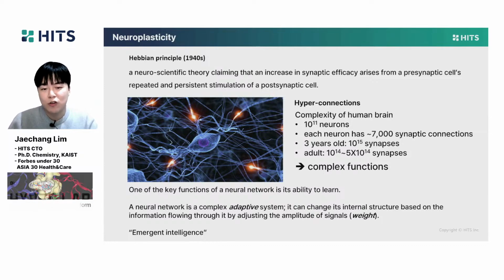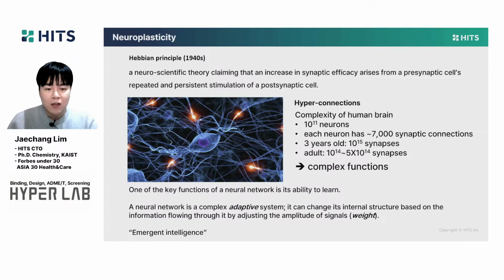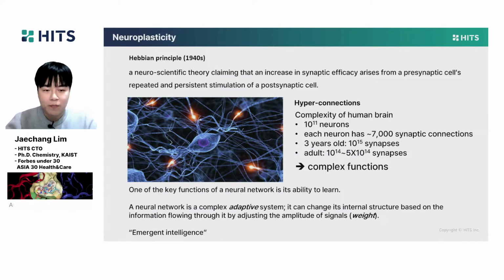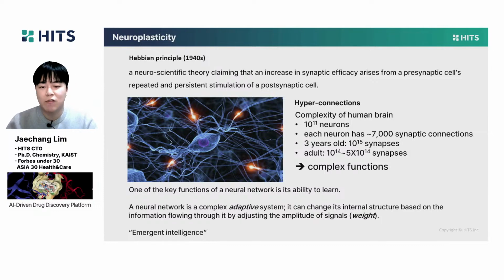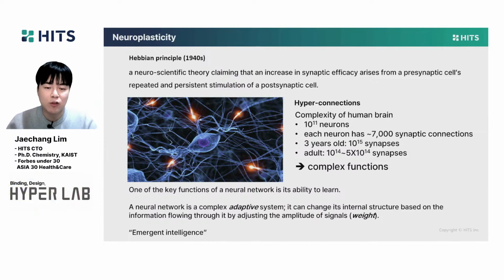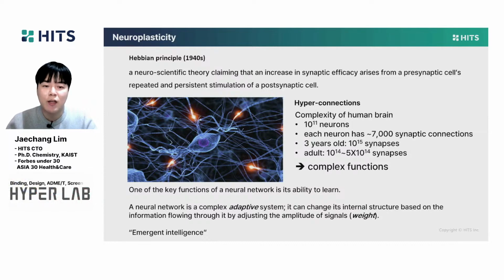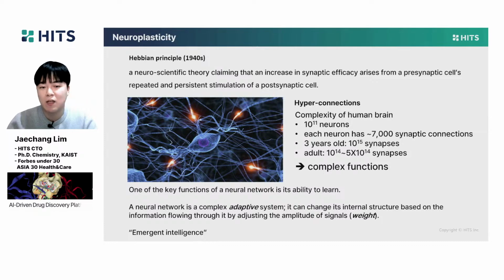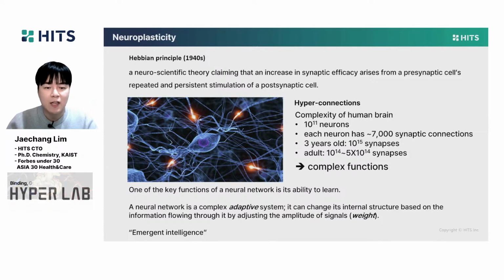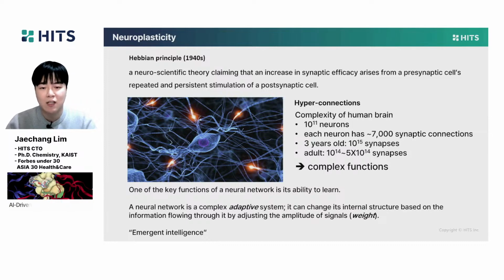Importantly, once a neural network is formed, it doesn't remain static, but it changes in response to external stimuli, making it an adaptive system. Every time we see, hear, or experience something, our brain receives stimuli, and accordingly, the strength of synaptic connections can change, and as a result, new synapses can form or existing ones can be disconnected.